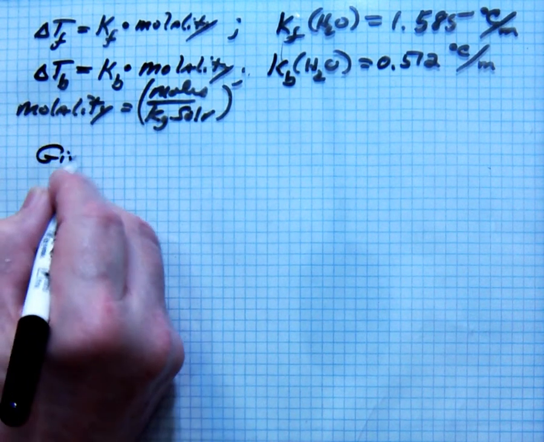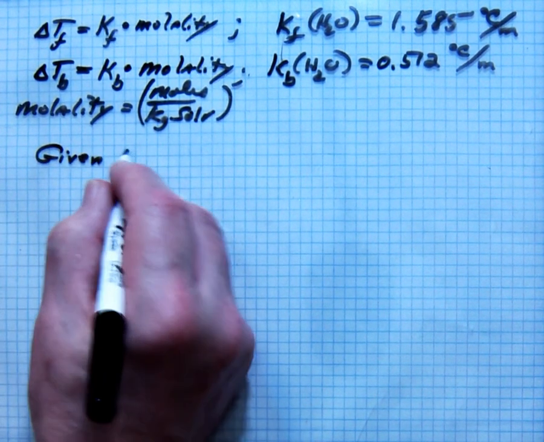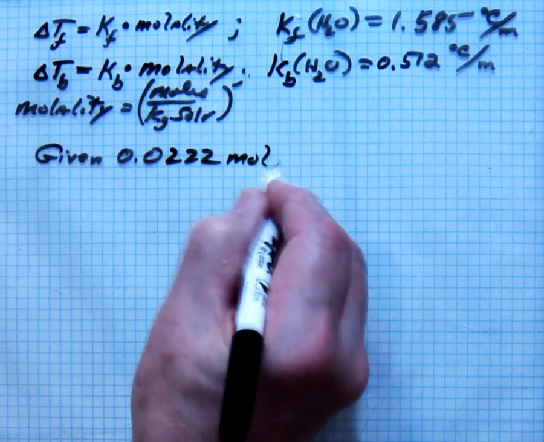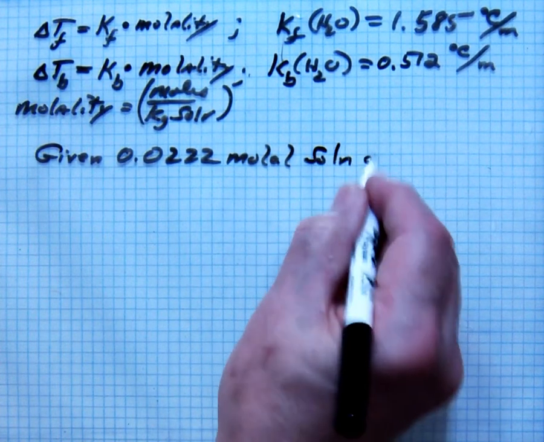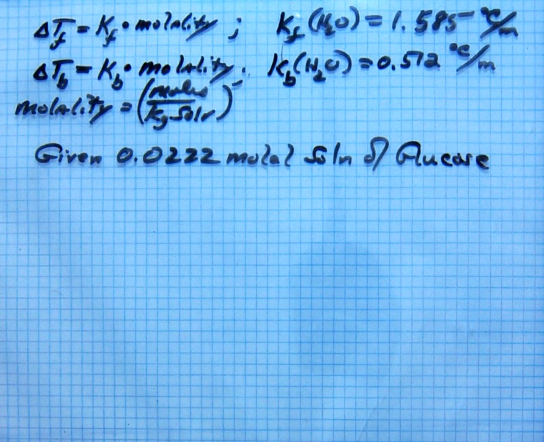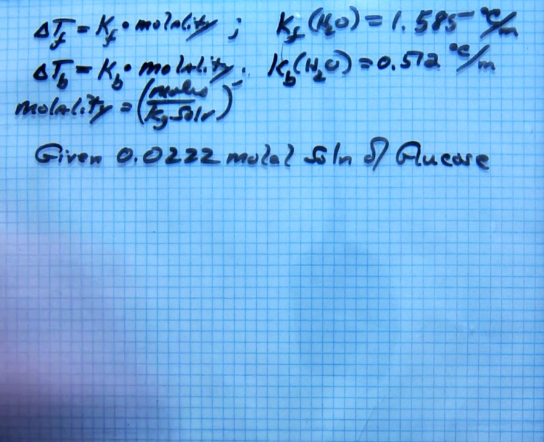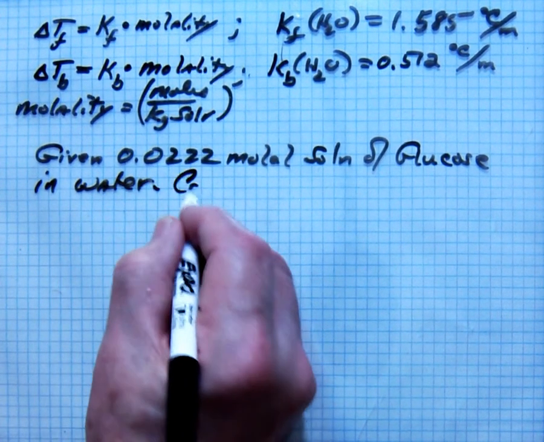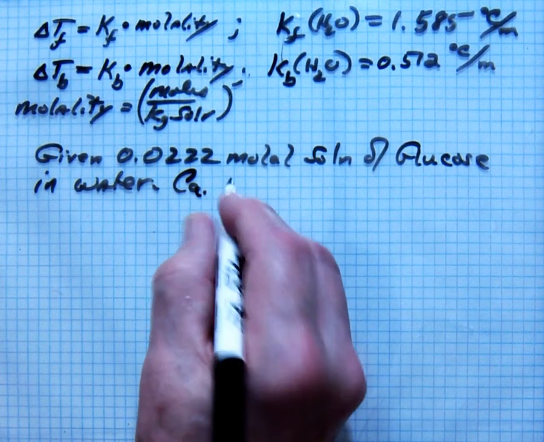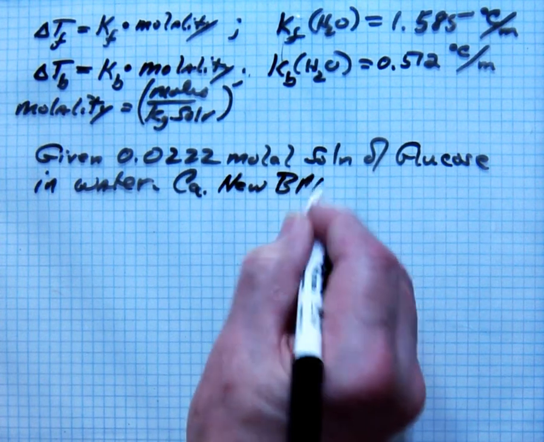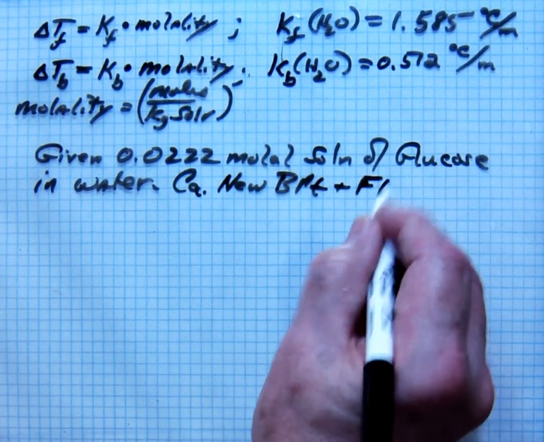Given a 0.0222 molal solution of glucose in water, calculate the new boiling point and freezing point.